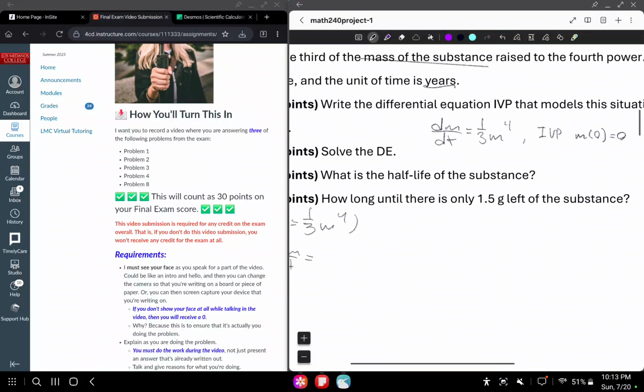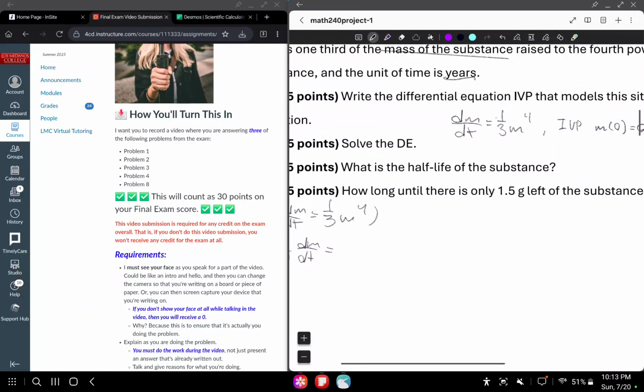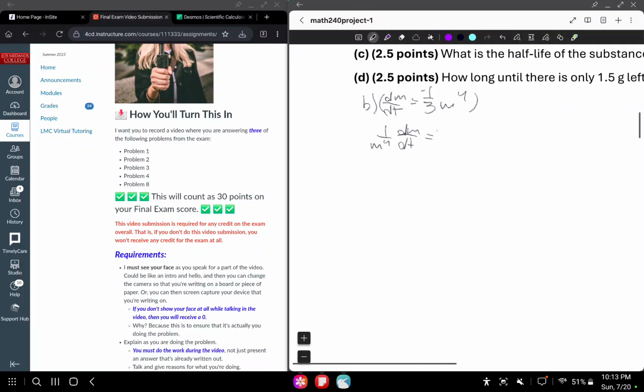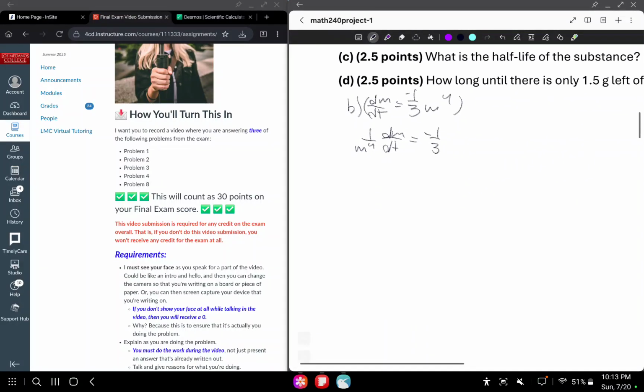Wait, this is decay, so this isn't growth. Equals negative 1/3. Step 2, get m by itself times dt, separation of variables.